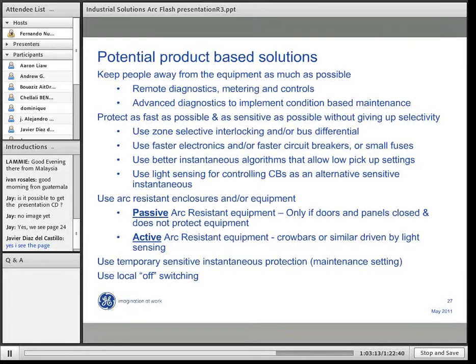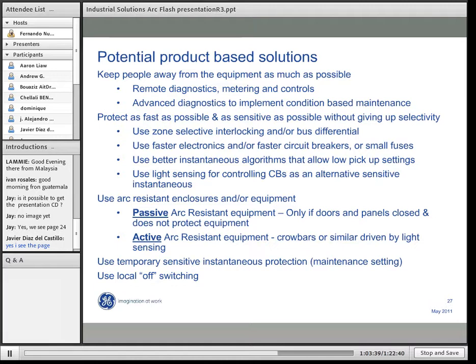Or it can be set so that it has to measure a certain amount of increase in current before it will trip on light, to avoid a false trip, such as if somebody opened an equipment door and light came in, and that's not an arc flash.